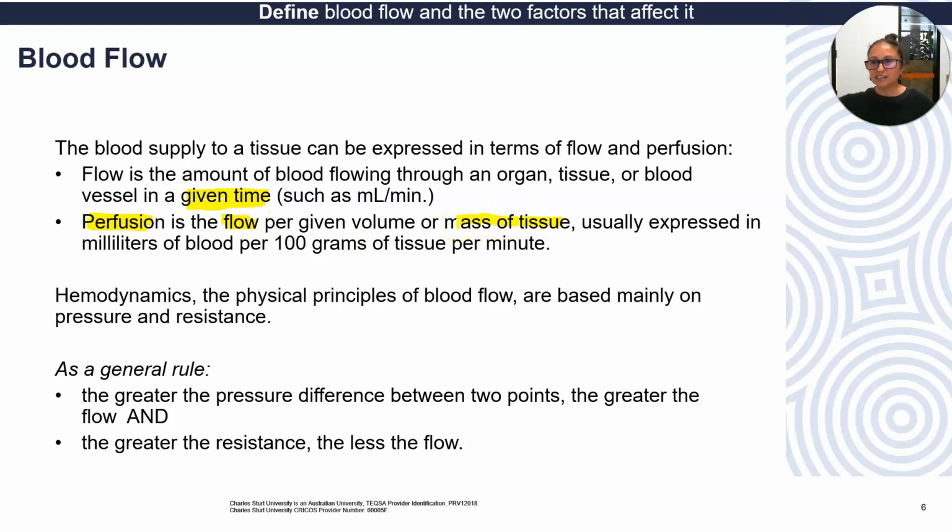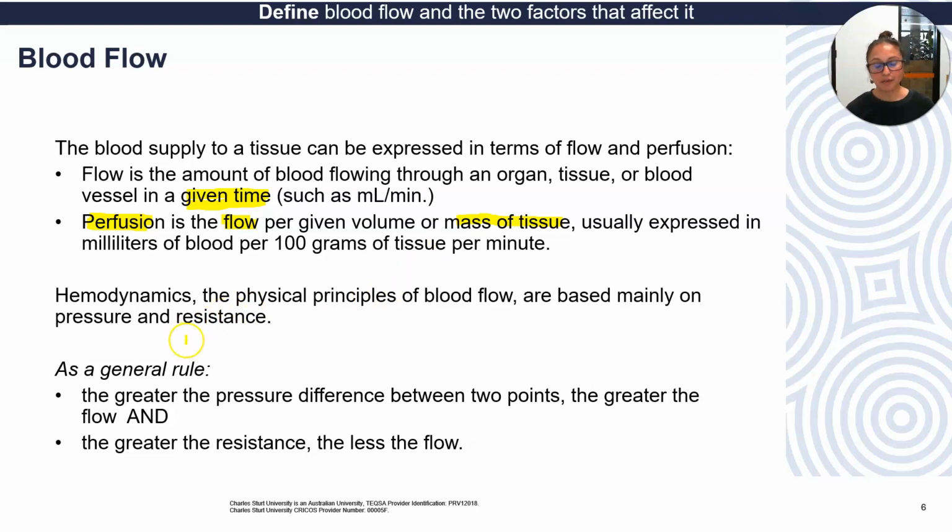So flow is just how much is going through, whereas perfusion is actually a more specific and correct measure because it's how much blood is going through the tissue. We want to make sure that all cells in the tissue get the blood that they need. So perfusion is very important. All tissues must be correctly perfused, and perfusion depends on blood flow. Okay?